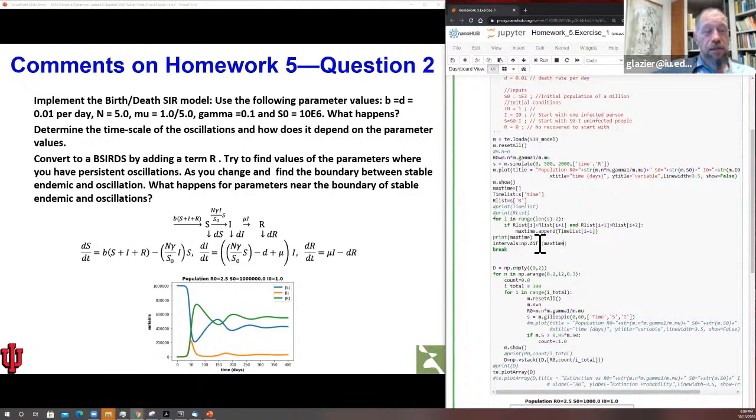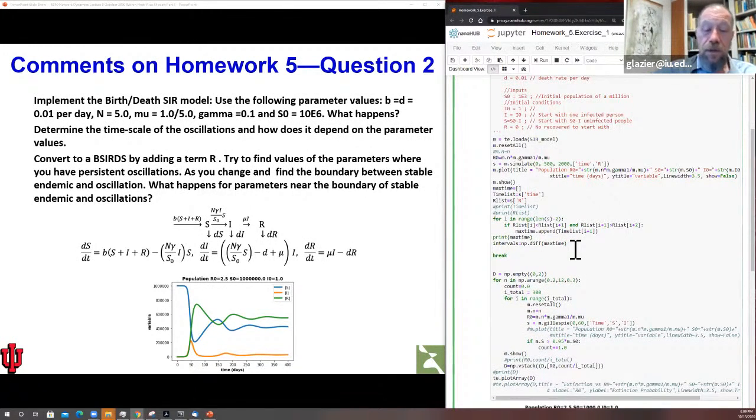Is that right? Syntax, Josh? So diff, if you have a list, will calculate the second one minus the first one, the third one minus the second one, the fourth one minus the third one, and so on. So that's very convenient. You could also iterate through the list and do it by hand. I can now print intervals.